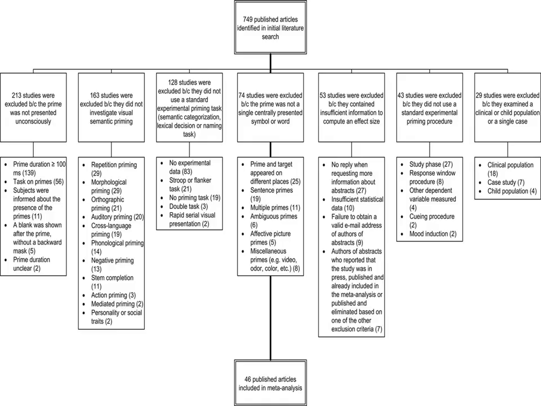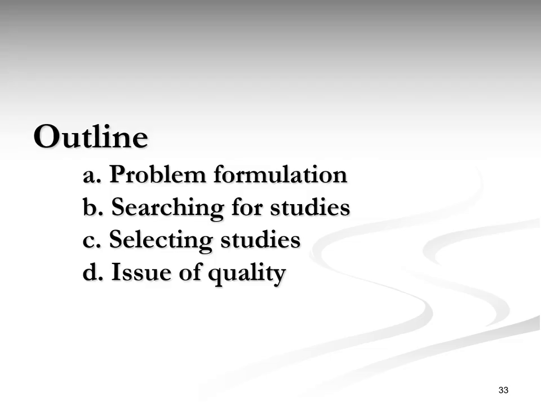We start from, say, 1,000 or 2,000 or 3,000 papers, and at the end, we sometimes have an even smaller number of papers included in the meta-analysis. So it's clear that this process of study selection is very time-consuming. One of the selection criteria could also be that the studies should be of sufficient quality.